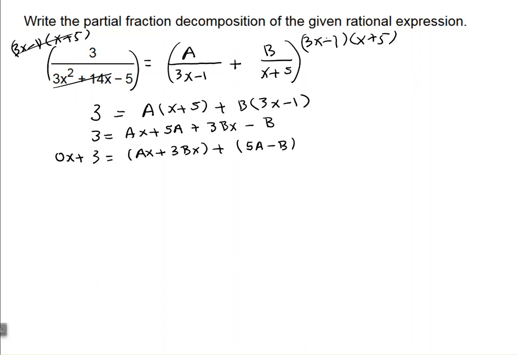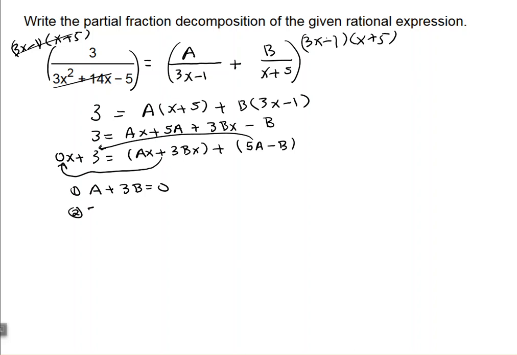So the Ax plus 3Bx matches up with the 0x, which means A plus 3B equals 0. Then the 5A minus B matches up with the constant over there.